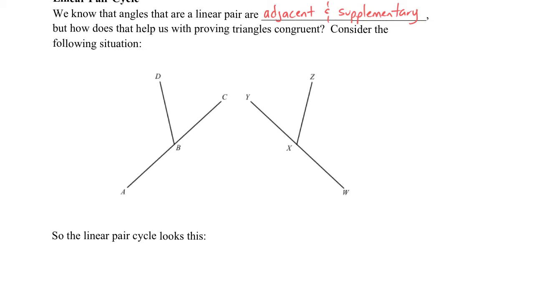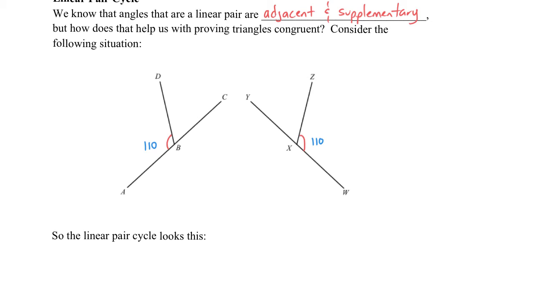What if you knew, through given information or through some other way of proving, that this angle was congruent to this angle? Let's just make up a number. Let's say we knew that this angle was 110 degrees and this angle was 110 degrees.